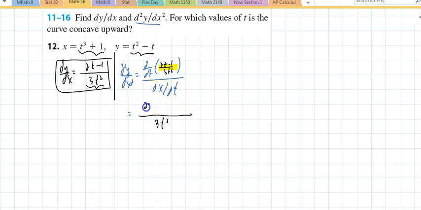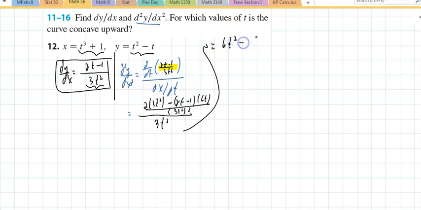That's going to be the derivative of the top times the bottom, minus the top times the derivative of the denominator, all over the denominator squared, and that in turn becomes 6t squared minus (12t squared plus 6t) all over (3t squared) cubed. That would be negative 6t squared plus 6t divided by (3t squared) cubed.